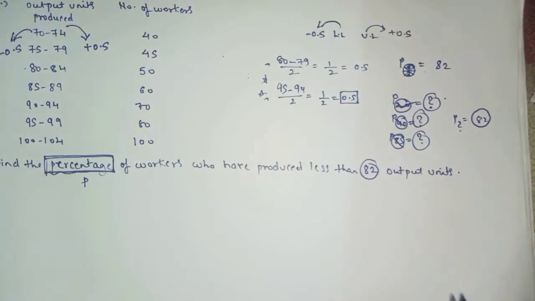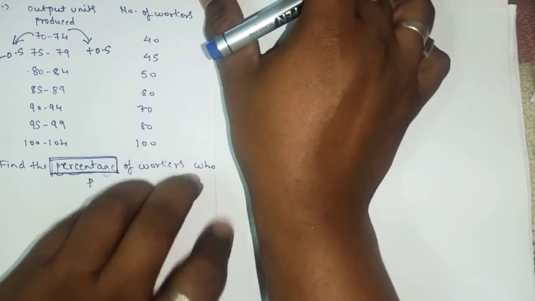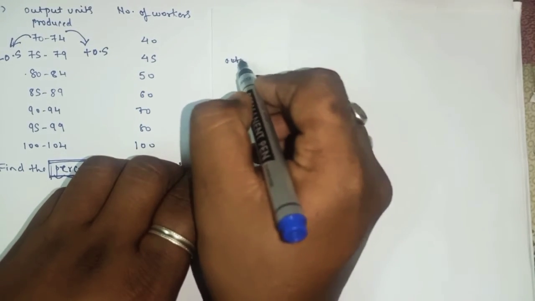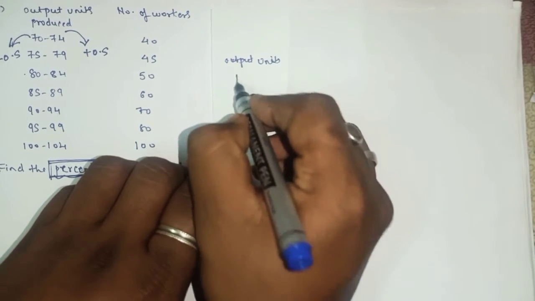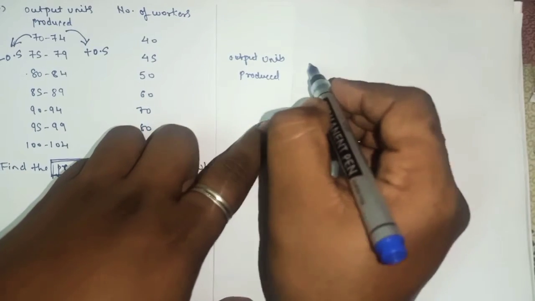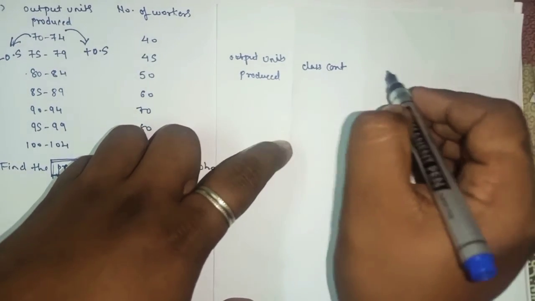Already we have the question here. In the first column you will have output units produced, and you will make the class continuous.